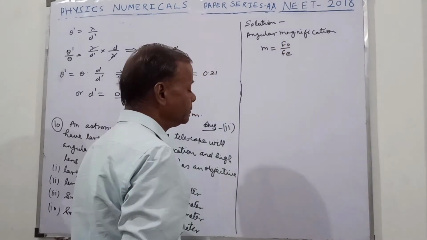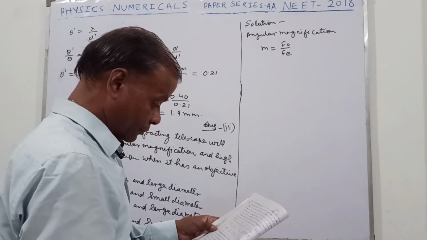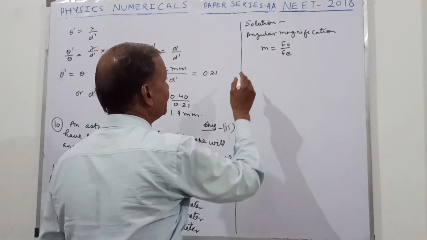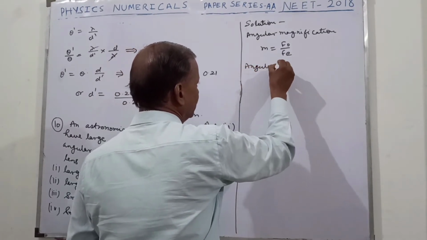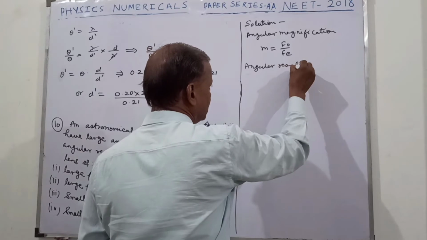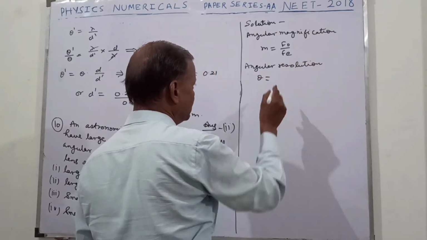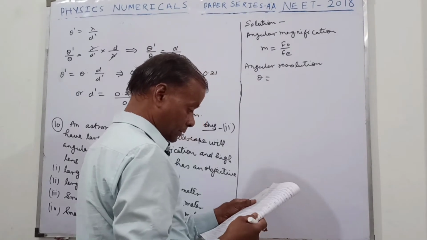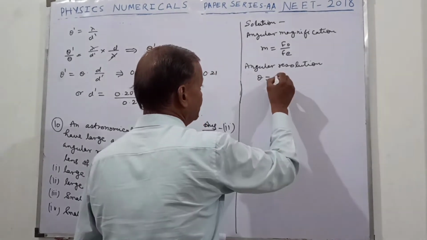This is the formula, and that angular resolution theta is given by the formula 1.22 lambda upon d.